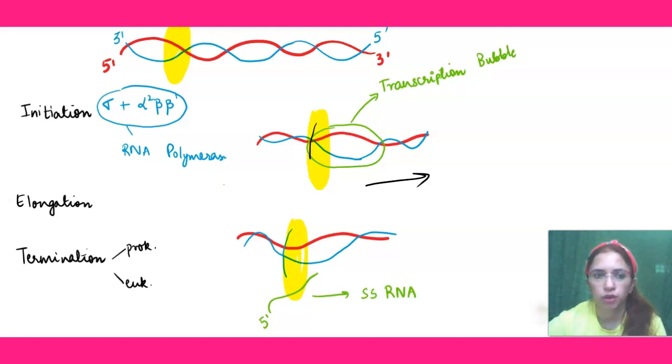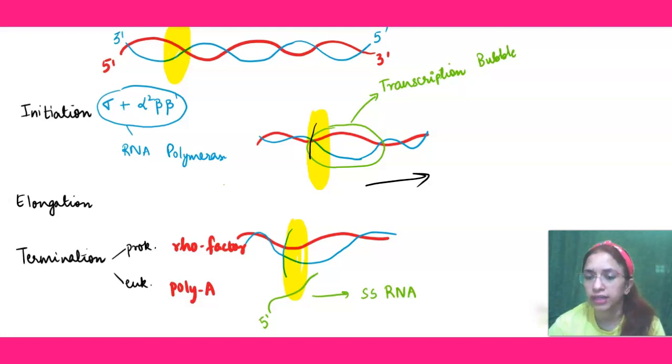In prokaryotes, it happens by the utilization of Rho factor. This is important to learn. Rho factor participates in the termination process of the transcription, whereas in eukaryotes, a poly A site is seen at the terminating site. Okay, so we have seen that a transcription unit has 3 parts: promoter, structural gene, and the terminating end.